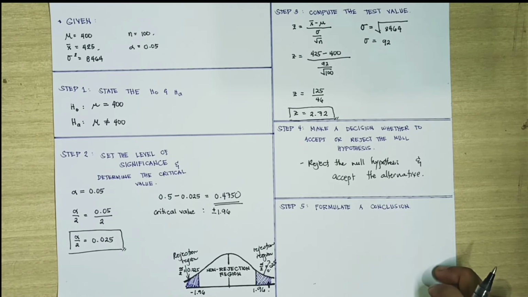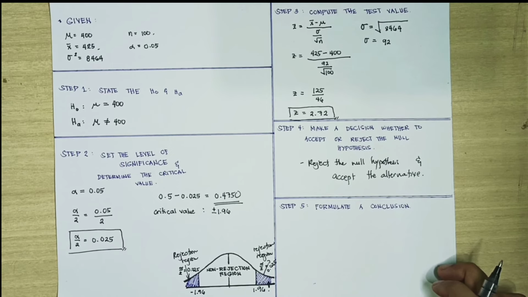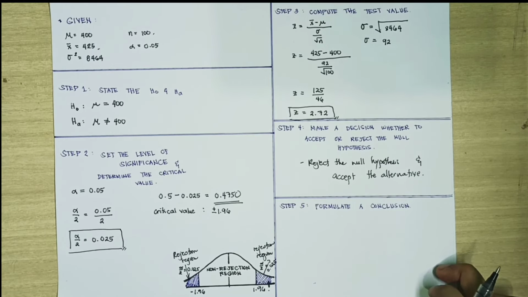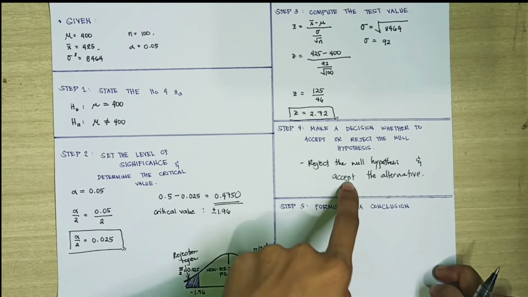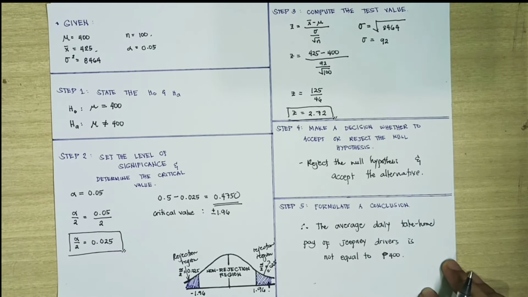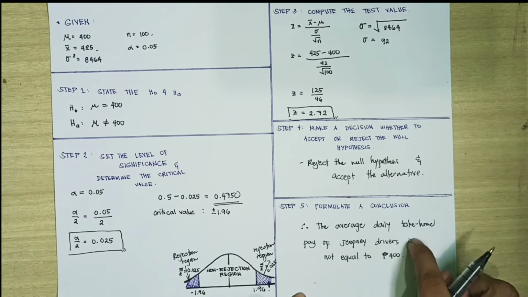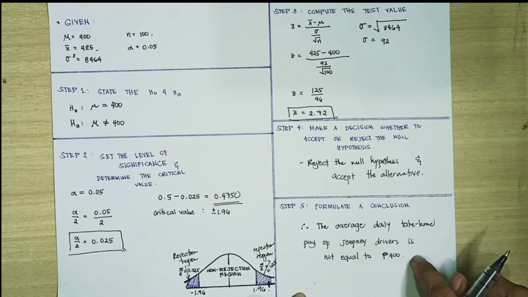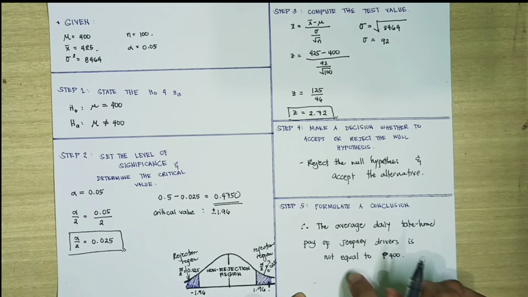Okay. So next, from that, makakapag-formulate na tayo ng ating conclusion. Okay. So since ang i-accept natin ay alternative, kunin lang natin yung statement for alternative. Okay, so for our conclusion, therefore, the average daily take-home pay of jeepney drivers is not equal.